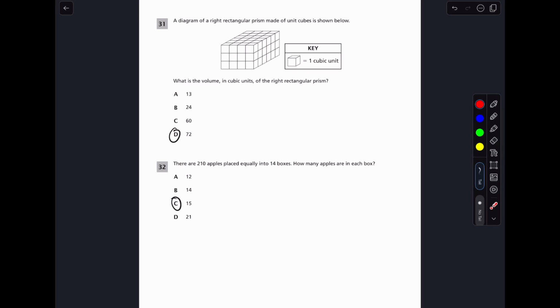Here are the answers for 31, D, and C. Check with your work. If you got it, awesome, move forward. If not, stay and watch how we solve this problem. The first one is a volume problem. We want to know how many units are in the rectangular prism. So I'm going to use these 3 dimensions because I know volume is equal to length times width times height.